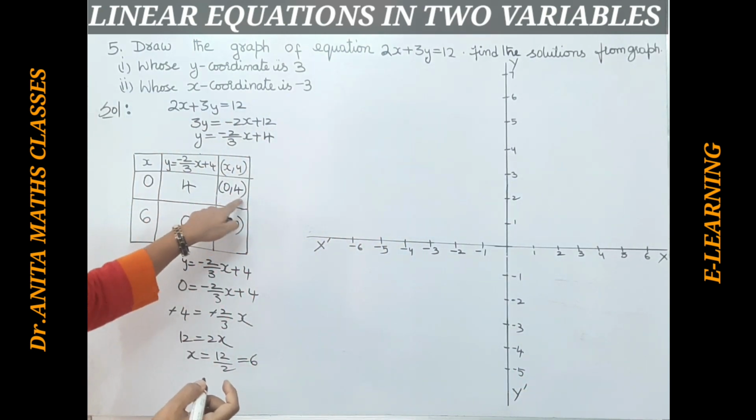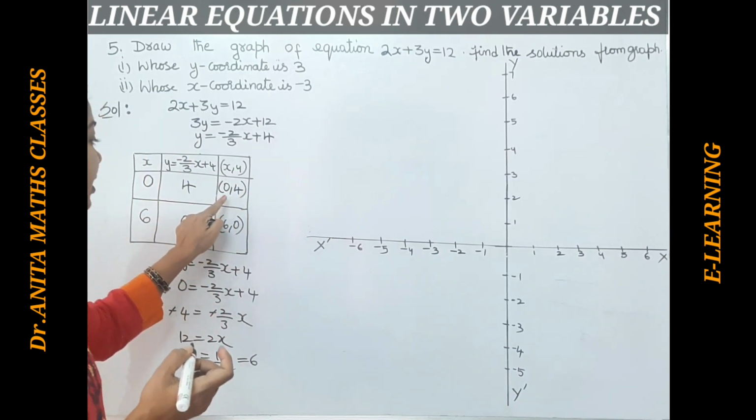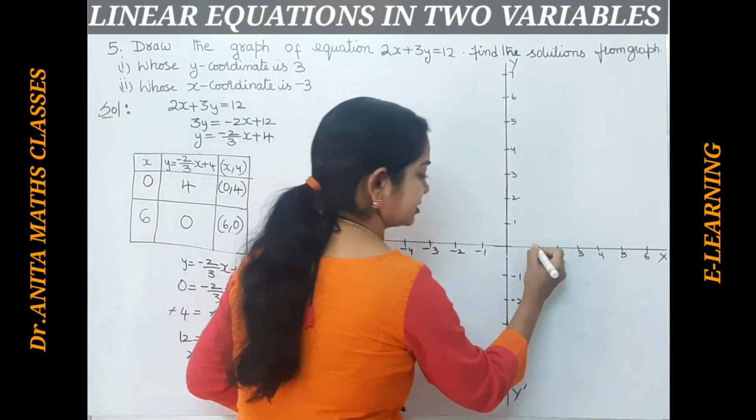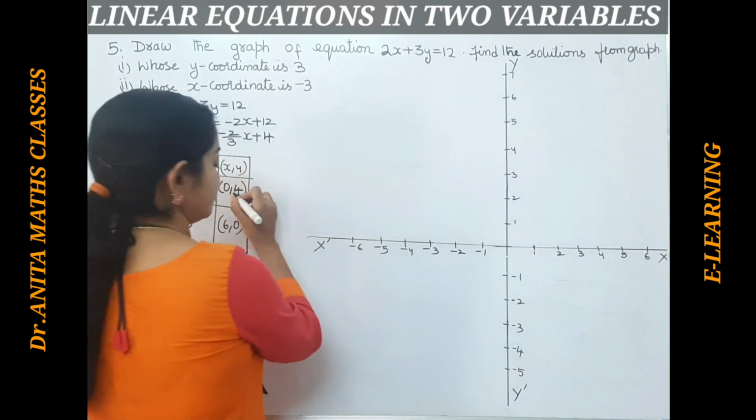Let us plot 0 comma 4. In this ordered pair, 0 is the x coordinate and 4 is the y coordinate. So this is 0 comma 0 or the origin, and y is 4.